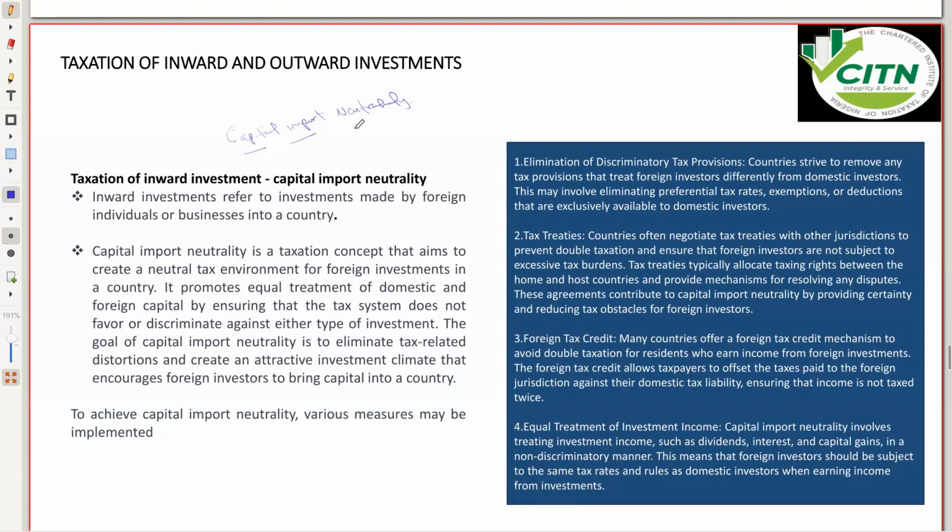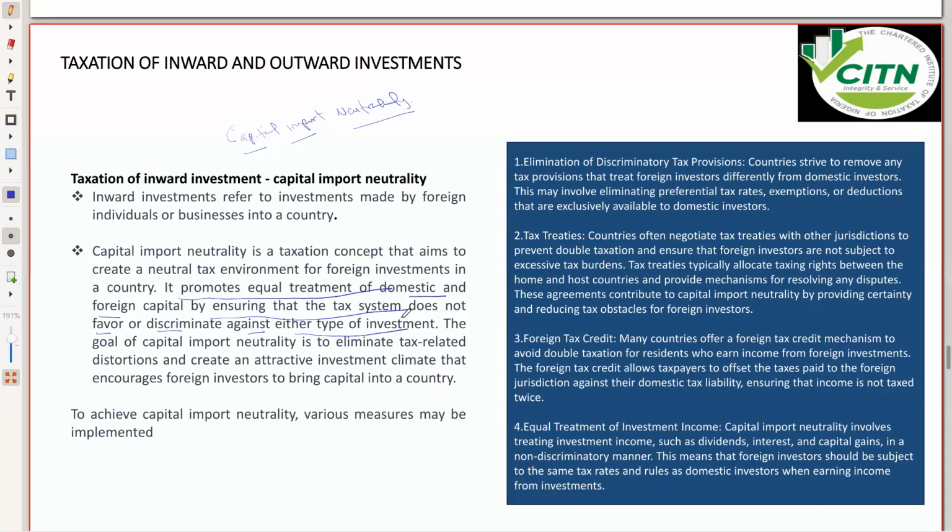So what do we mean by capital import neutrality? As you're developing your international tax rules, this concept aims to promote equal treatment of domestic and foreign capital by ensuring that the tax system does not favor or discriminate against either type of investment.